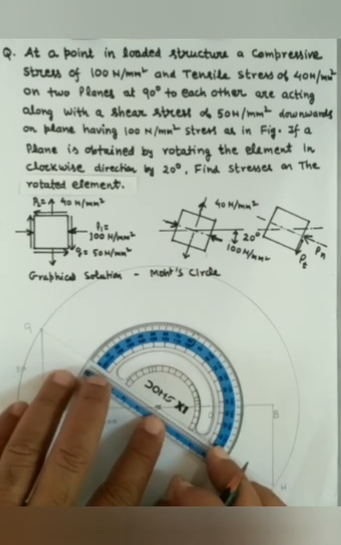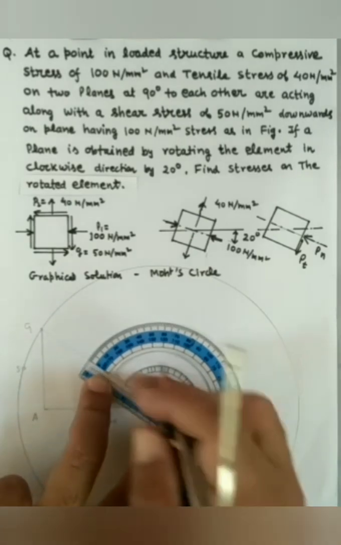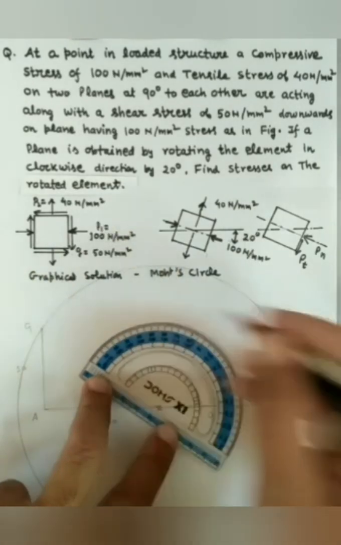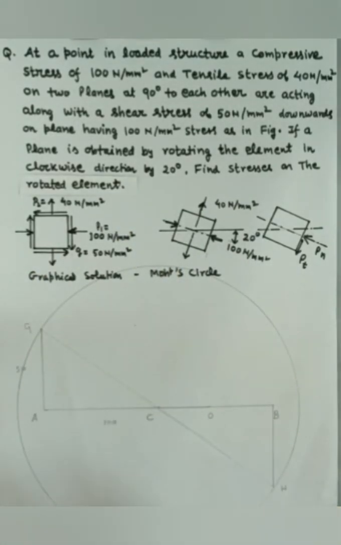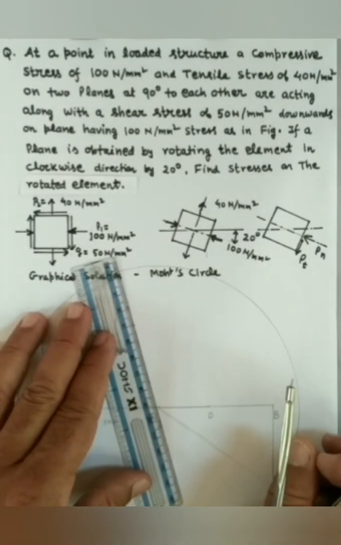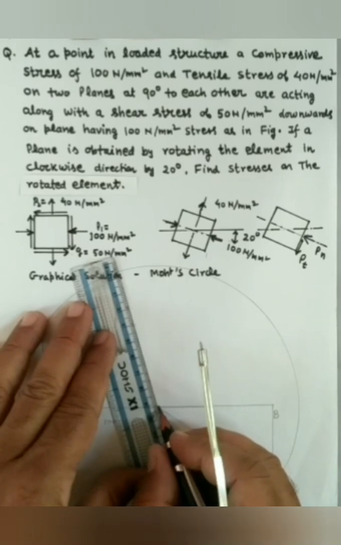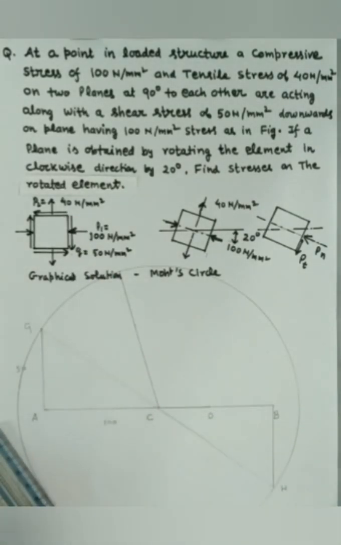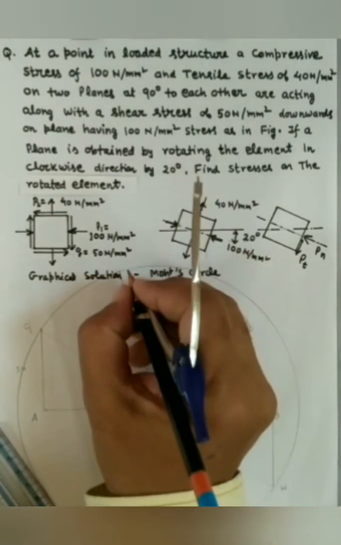So let us rotate the line CP in clockwise direction by 20 degrees, and extend the line till the circumference of the circle, which meets at point D.